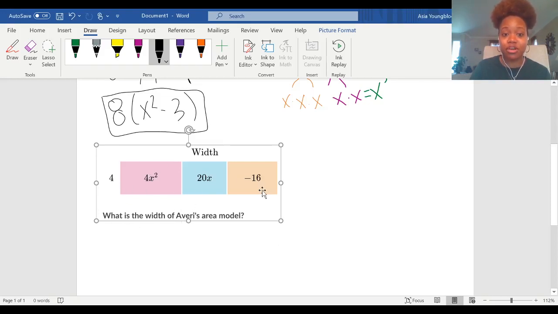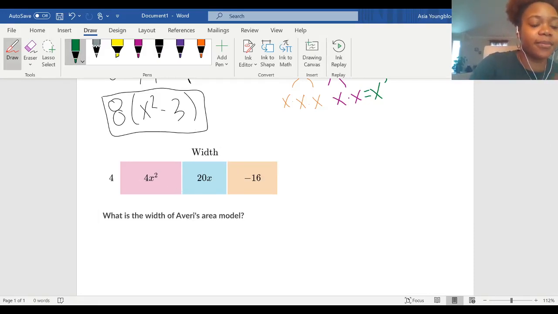She put in the 3 terms that were given, 4x squared plus 20x minus 16. And now the only work we have to do is figure out what is on the top of this area model. So if we factor out 4 from this first term, we're going to be left with x squared, because we didn't factor out any x's, and 4 divided by 4 is 1.